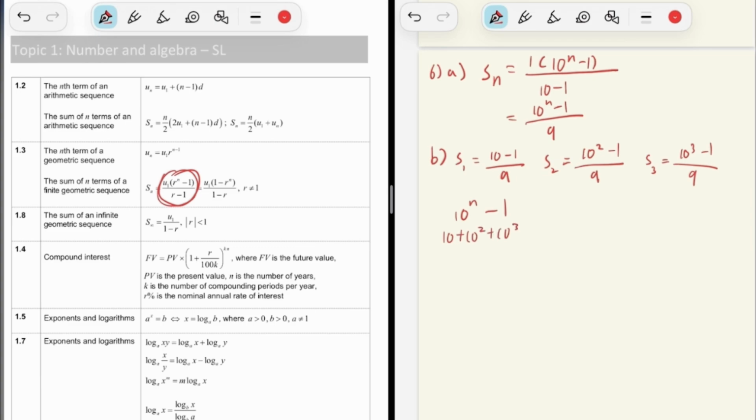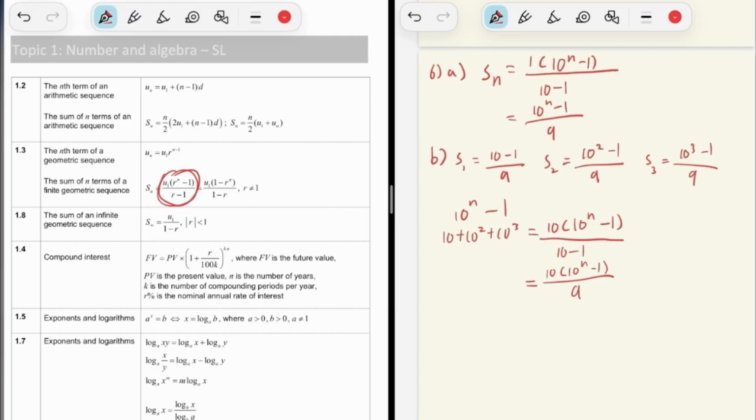And so that would be equal to 10 times (10 to the n minus 1) over 10 minus 1, and that would be equal to 10 times (10 to the n minus 1) over 9.